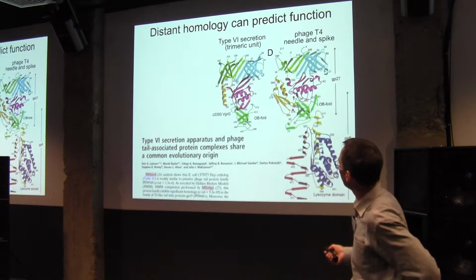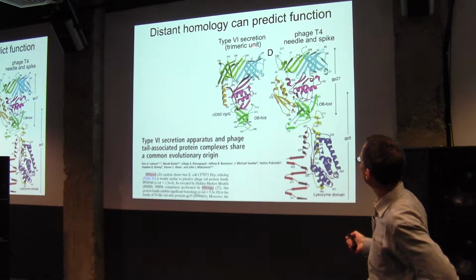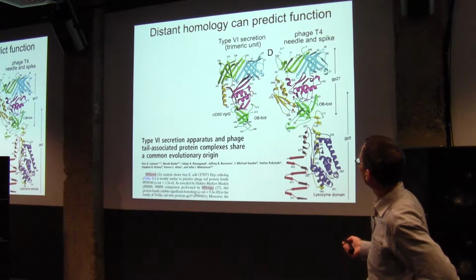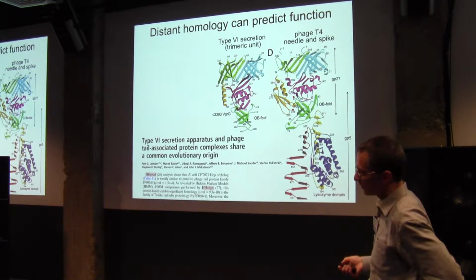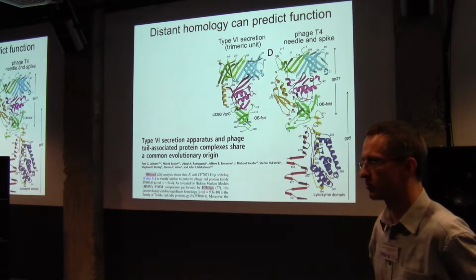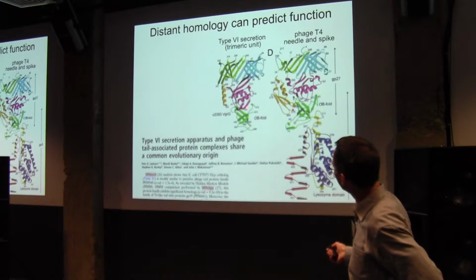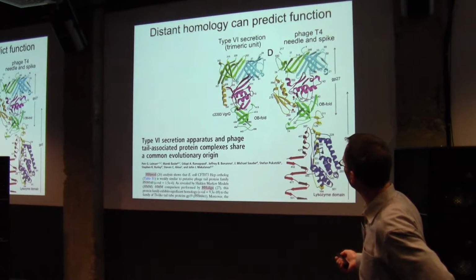Another example is the elucidation of the structure of the type 6 secretion system. This was mainly done by Piotr Gleiman. I guess he's Russian, I'm not completely sure. At least his name is Piotr. He was still in Lausanne, and he moved to Texas.